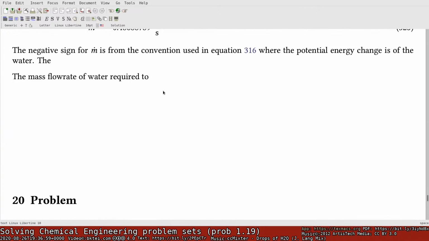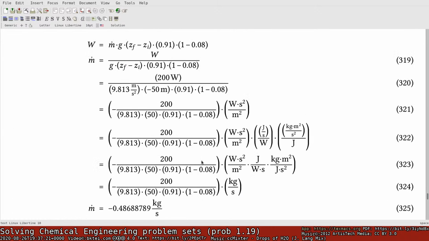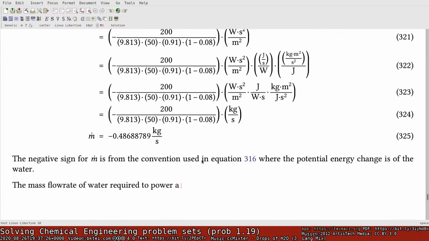Yeah, okay. The mass flow rate of the water required to perform 200 watts of work.